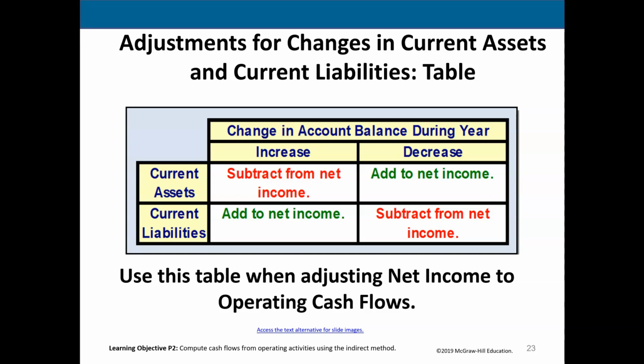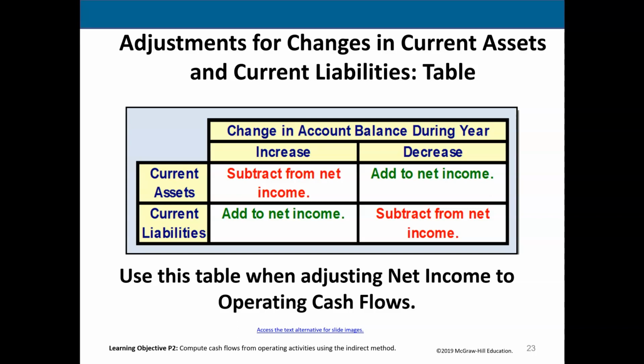If it is a decrease from one year to the other, then you add it to net income. Because what you're doing is the asset is adding to your net income, and because it's not a cash amount, you need to subtract it back out.